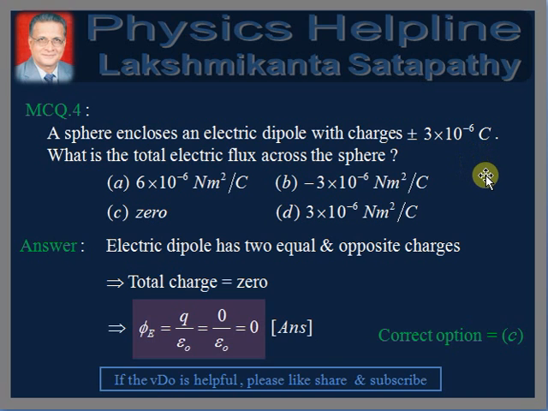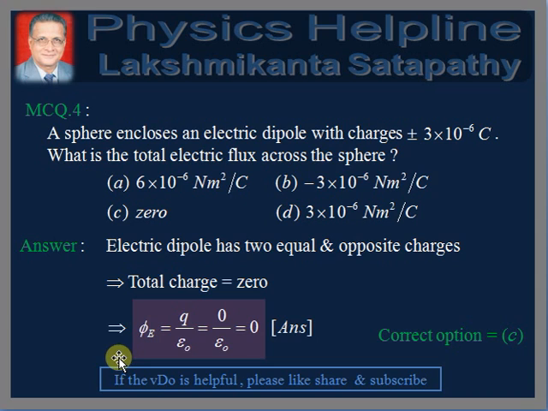We are required to find the total electric flux across the sphere. The options are given in the question. We are required to find the correct option. Now for the answer. We know that an electric dipole has two equal and opposite charges. Therefore, the total charge of an electric dipole will be equal to 0.